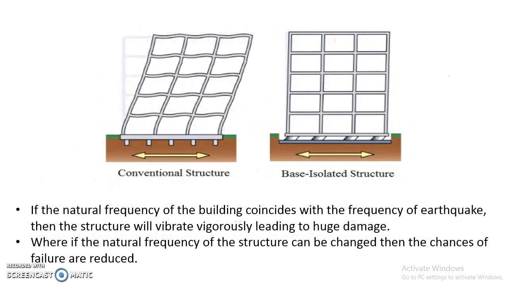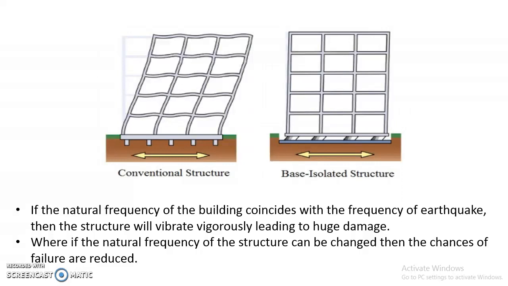Here we can see a pictorial representation of a conventional structure as well as a base isolated structure. The conventional structure, when it is acted upon by seismic waves, gets deflected and there is vigorous movement in the structure.